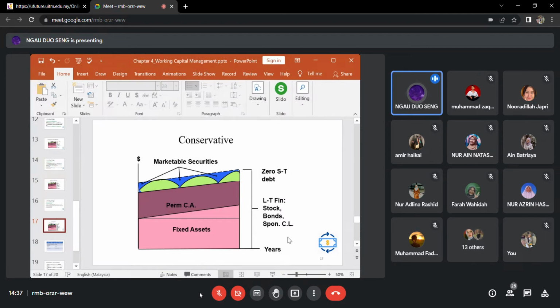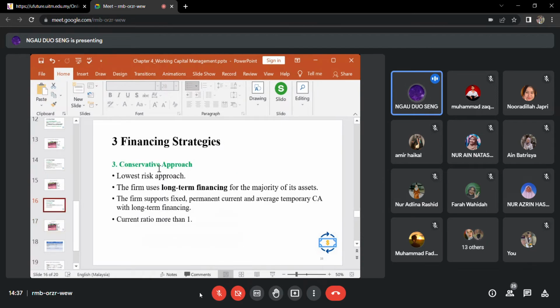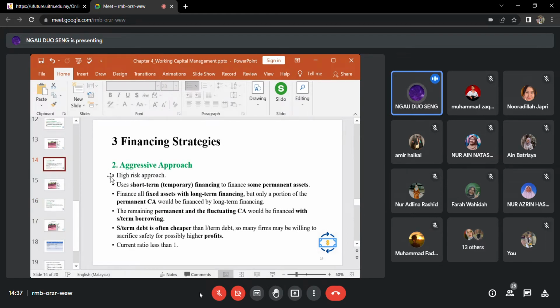As we know, long-term is more expensive than the short-term, right? But it is safe, conservative. It is lower risk, right? As compared to the aggressive approach.